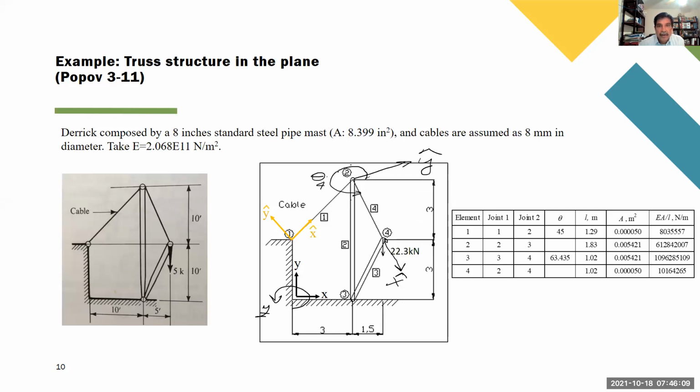So let's suppose this is 310, and this is going to be minus 50. So it's going to be the same. So theta 4 is approximately equal to 310 or minus 50, more or less. If you have the positions, you can calculate this exactly.